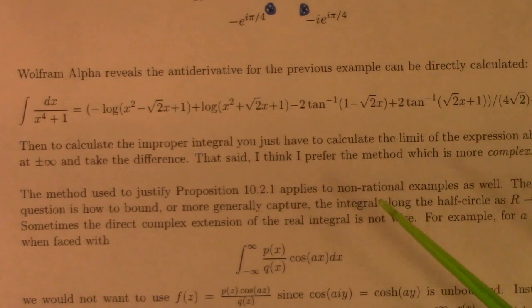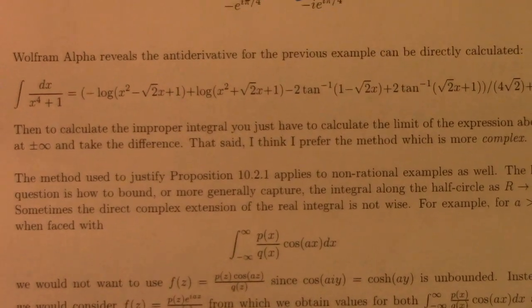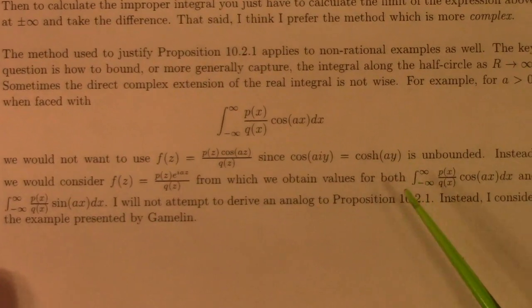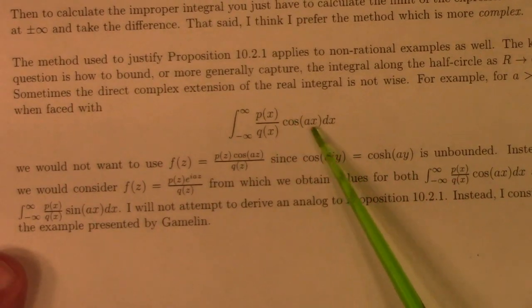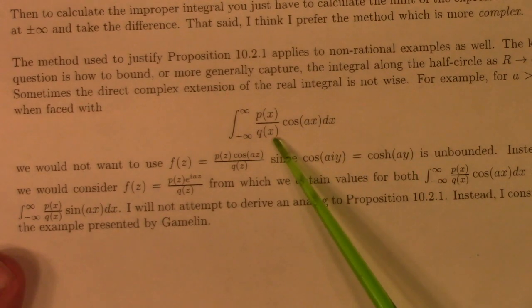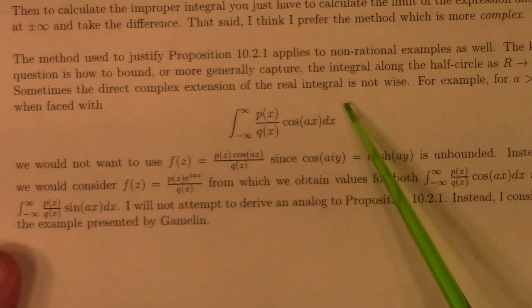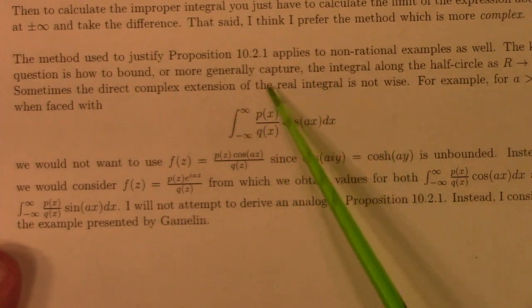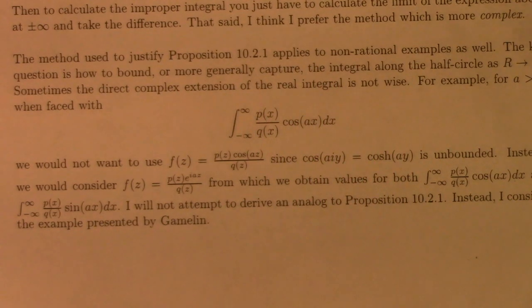Now, the same method we could use to do integrals like p of x over q of x times the cosine, provided that q of x has a large enough degree that we can still do the ML trick to get this integral going to 0 on the half circle.